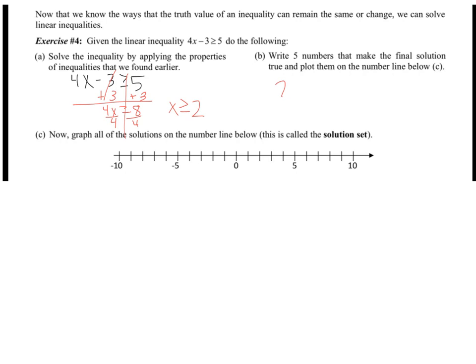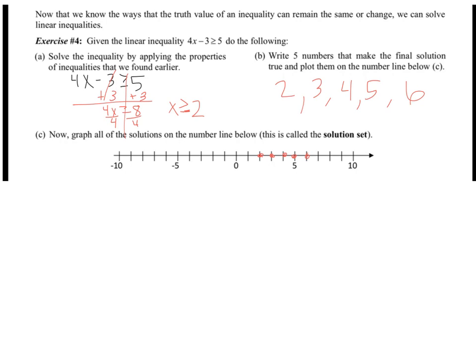Okay, well, 2 because of the or equal, 3, 4, 5, 6. There's 5 numbers. Now graph them on there. So let's see, I have 2, so 1, 2, 3, 4, 5, 6.